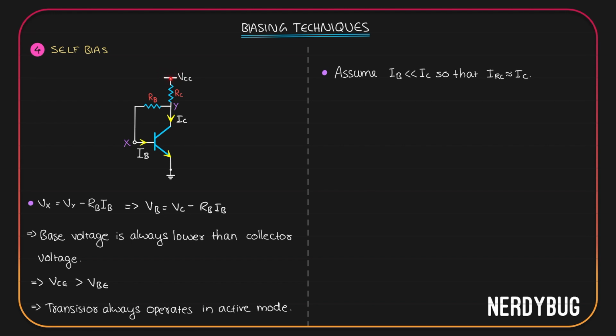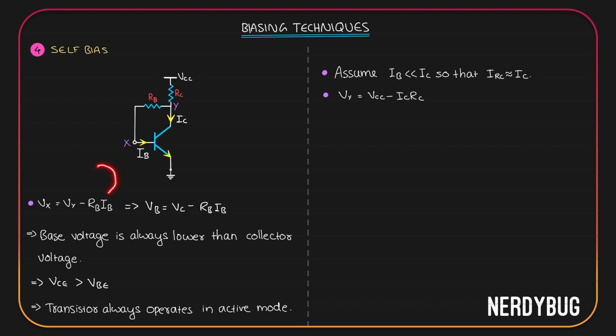Out of that, some potential drops across RC, the rest will be given at Vy. So I can say Vy is VCC minus whatever is dropped across RC. Now we have assumed that the current flowing through RC is IC itself. So the potential across it is ICRC, which means Vy is basically VCC minus ICRC.